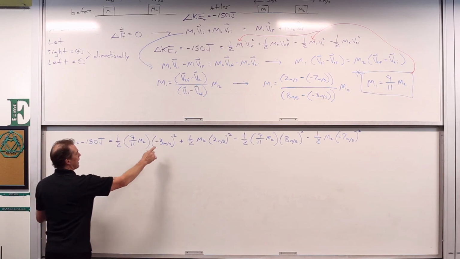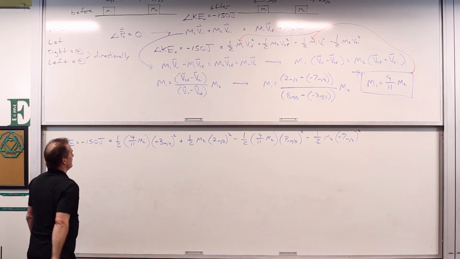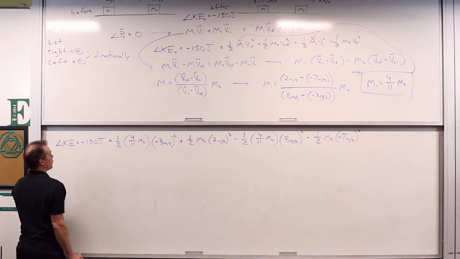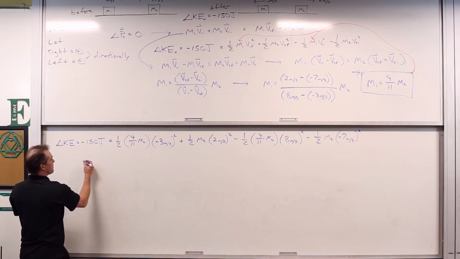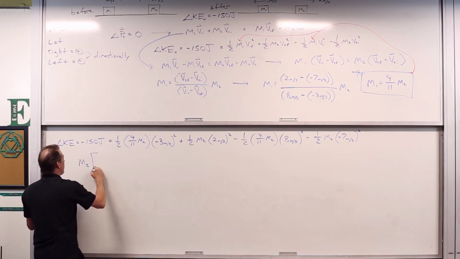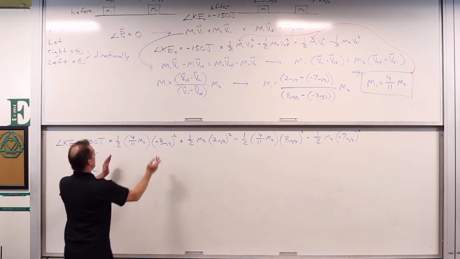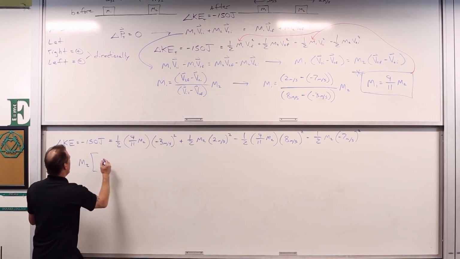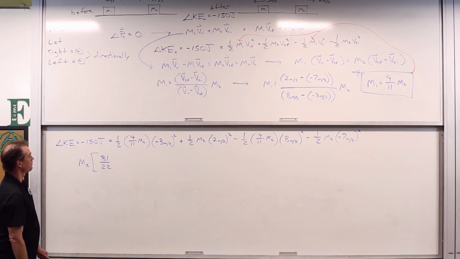And we can write that as 9 times 9, 81/11ths, 81 22nds. So we've got m2 multiplied by the quantity of, again, 9 times 9 divided by 11 times 1/2 gives us 81 22nds.